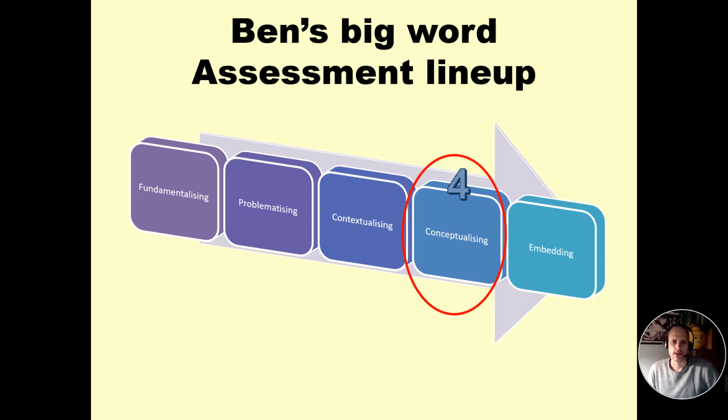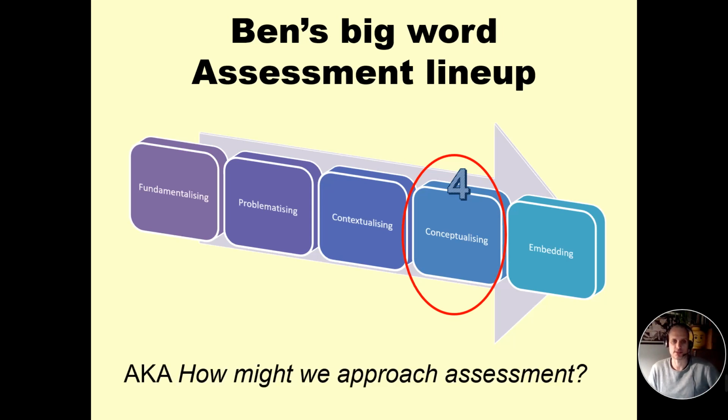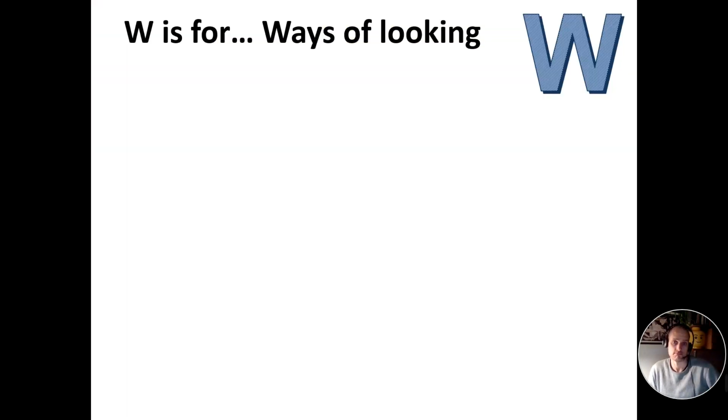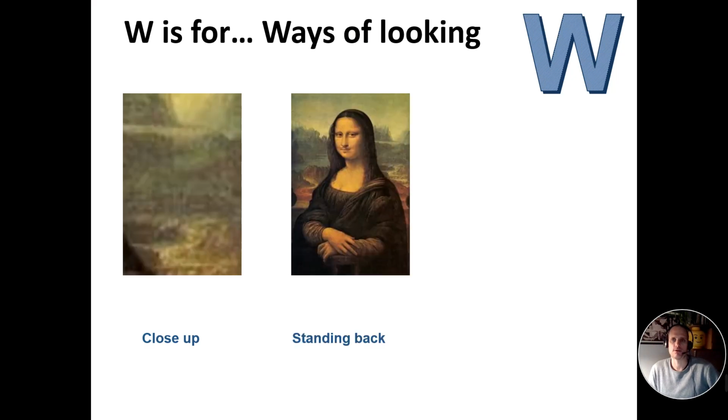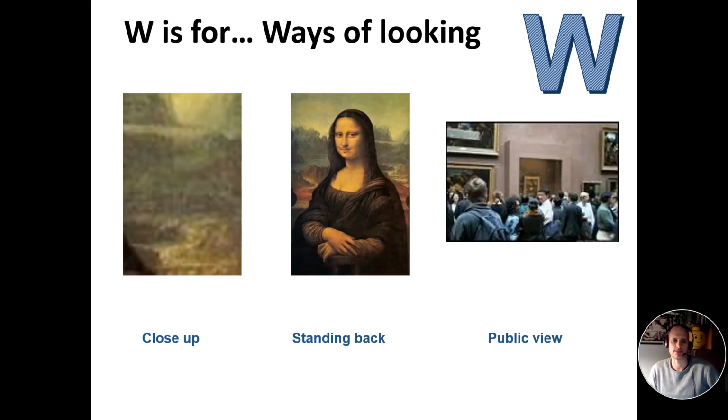Okay, so let's move forward to thinking about how we might conceptualise our approach to assessment. First of all, one interesting way of thinking about it is the different forms or the different times at which we might assess to get the big picture of how a pupil is doing.